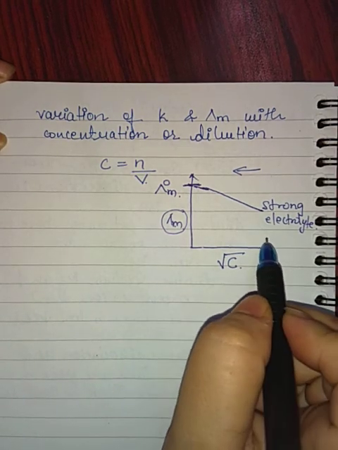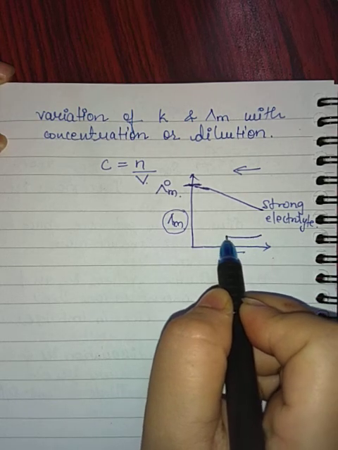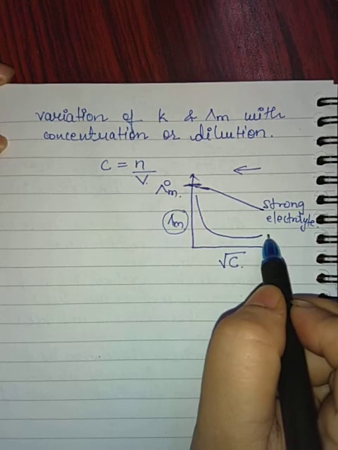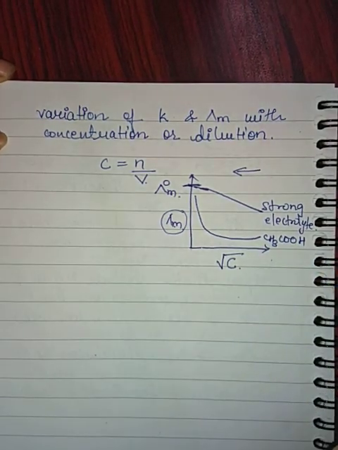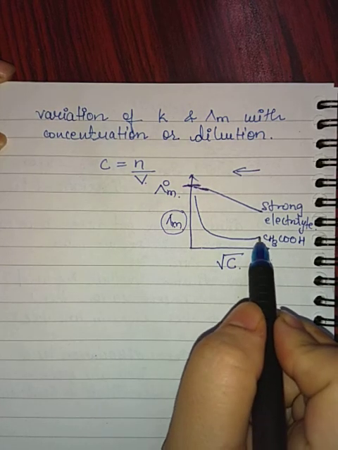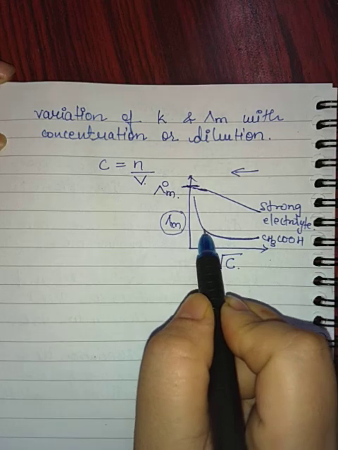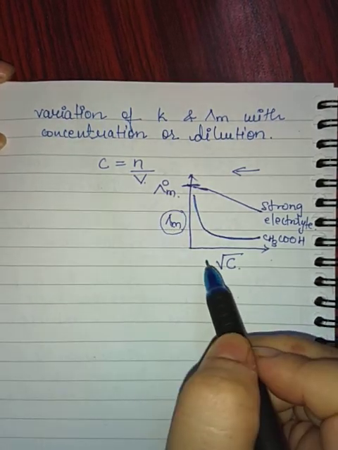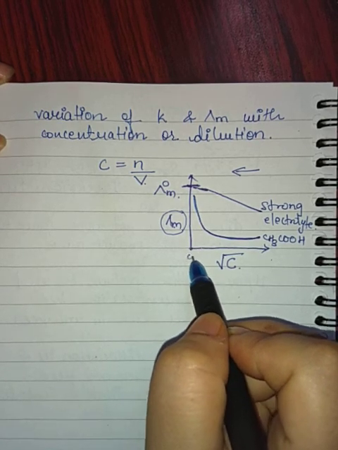And if you see this same graph for a weak electrolyte, suppose you are talking about acetic acid. So I'll write down, acetic acid is a weak electrolyte. For this weak electrolyte, the change again is gradual. There is an increase, but there is a sudden rise in the value of lambda m, that is molar conductivity, near zero concentration.